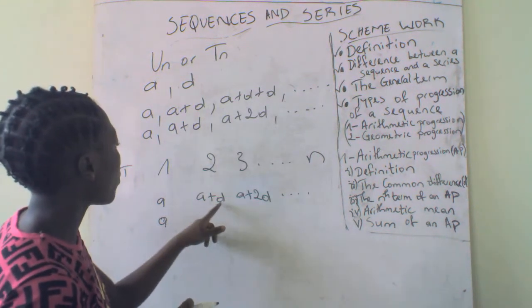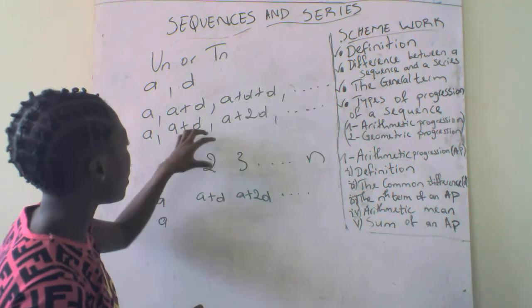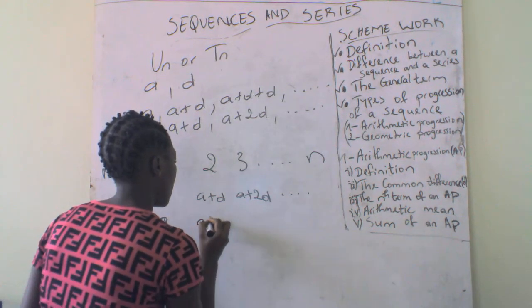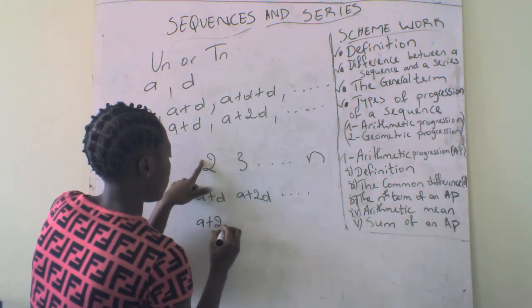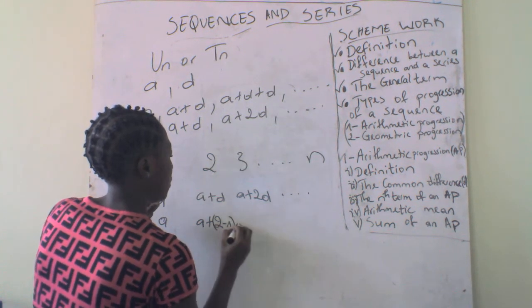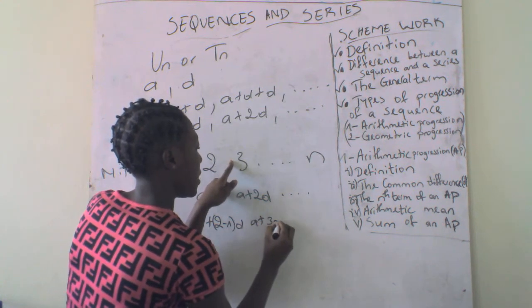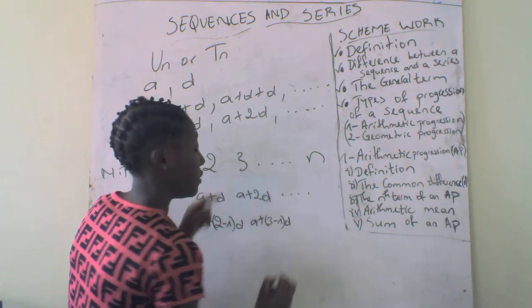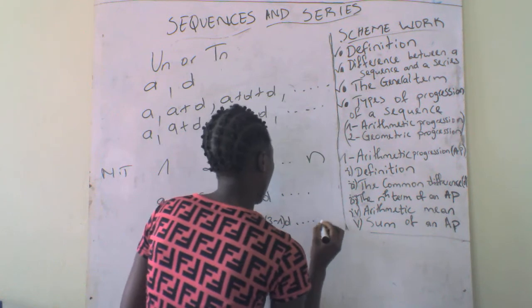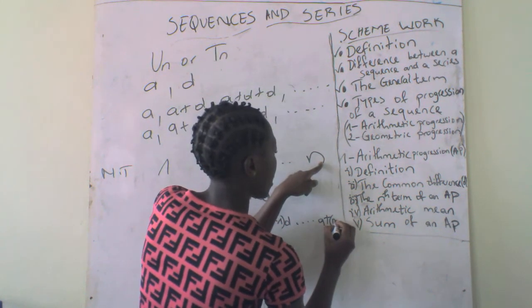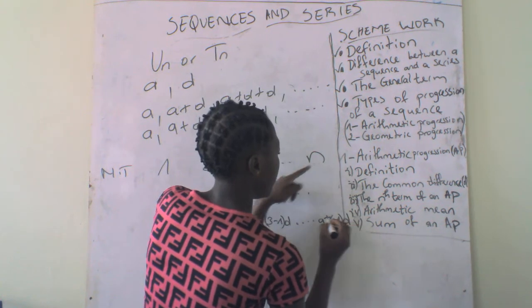We make the coefficient of D become the natural number minus 1, which gives A plus (2 minus 1)D, A plus (3 minus 1)D, and also A plus (n minus 1)D.